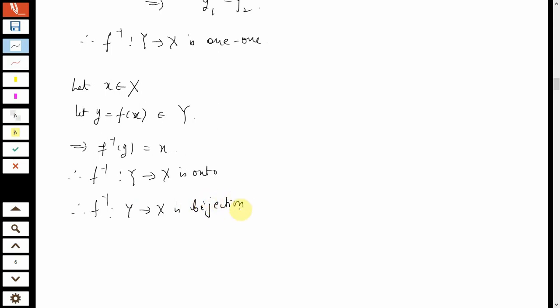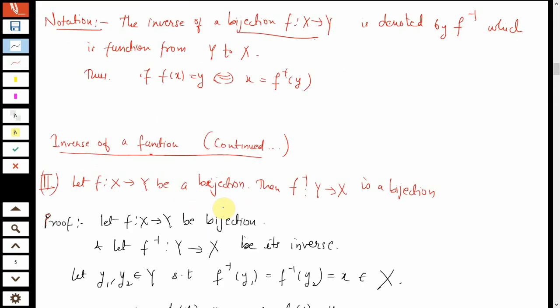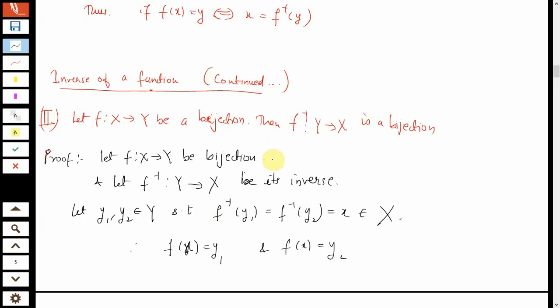So this result says that if f from X to Y is a bijection, then f inverse from Y to X is a bijection, and so I can assure that the inverse of this f inverse exists.